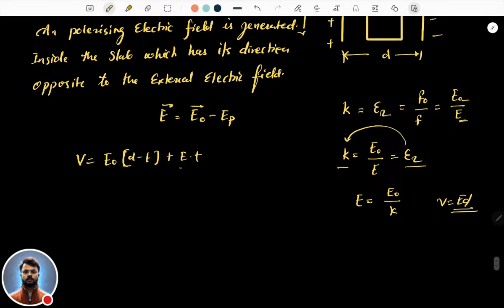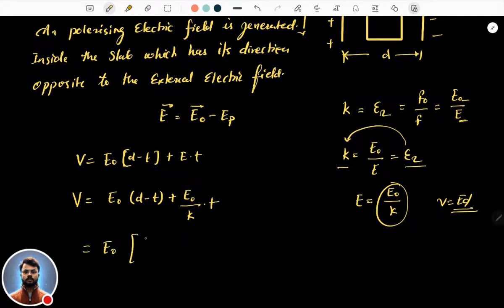Now just replace this E with E naught over K, so V is equal to E naught into D minus T plus E naught over K into T. Taking E naught common, V is E naught times D minus T plus T over K.